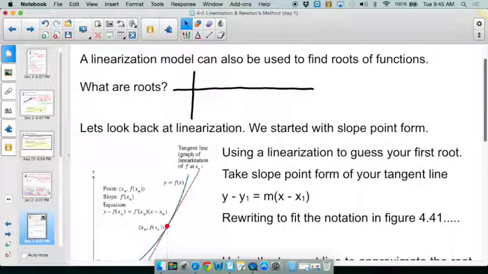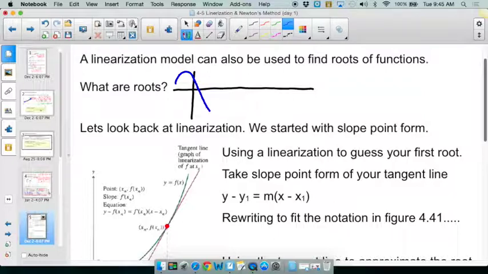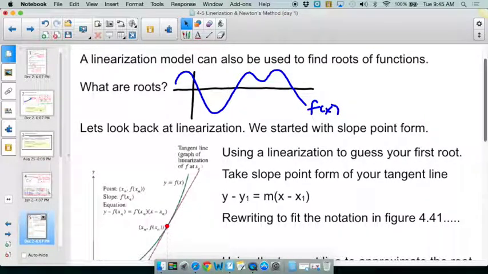So, if I have some sort of polynomial function, let's say I have a function that looks like this. Here's my f of x. How many real roots does that function have? 3. Where are they?